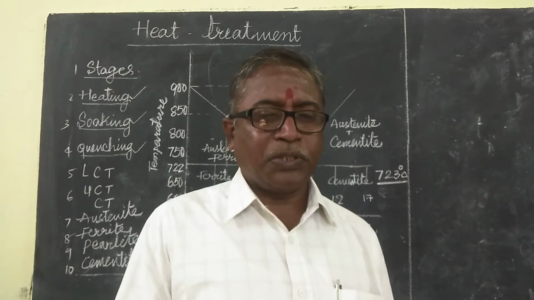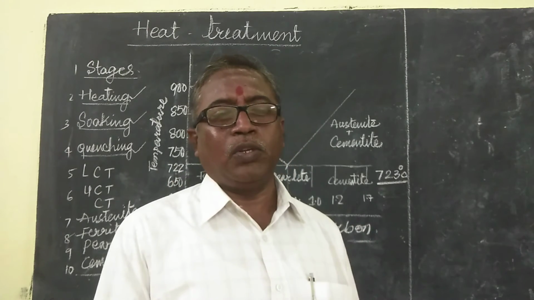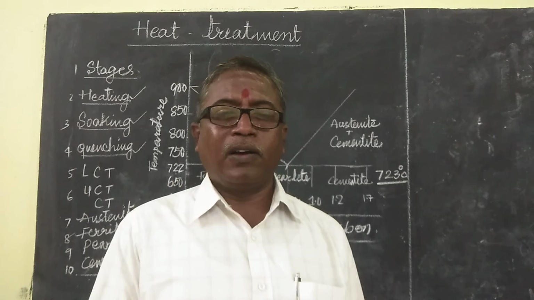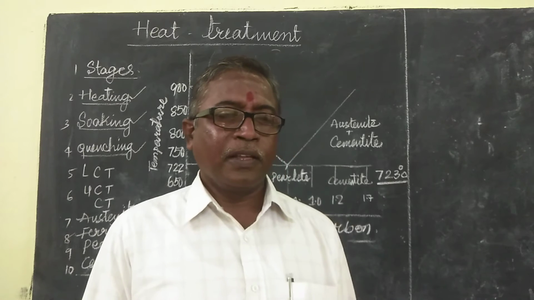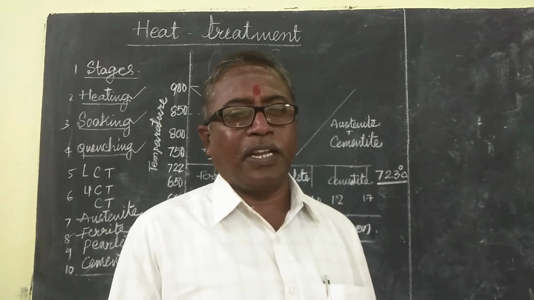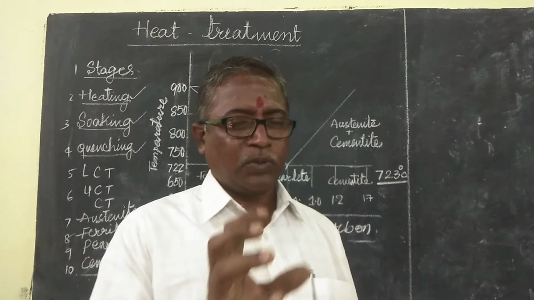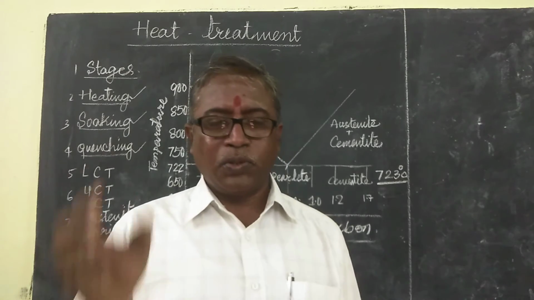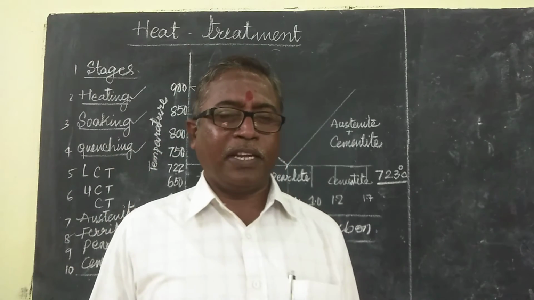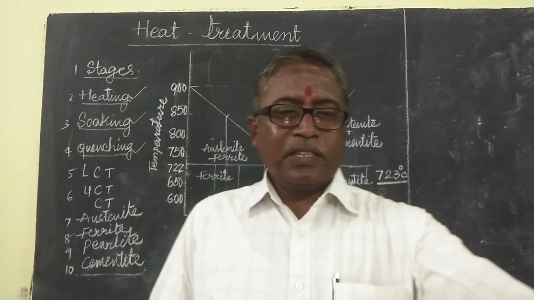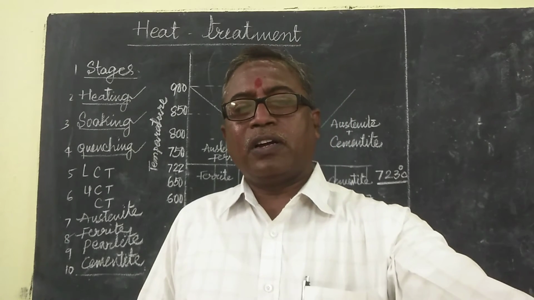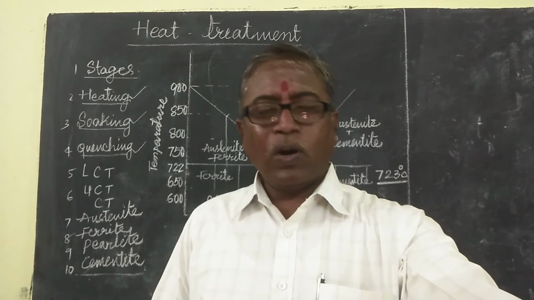Brine solution is a very useful quenching medium. The salt inside the brine solution removes the scales formed on the material due to heating, so that is very good for cooling. Then water.